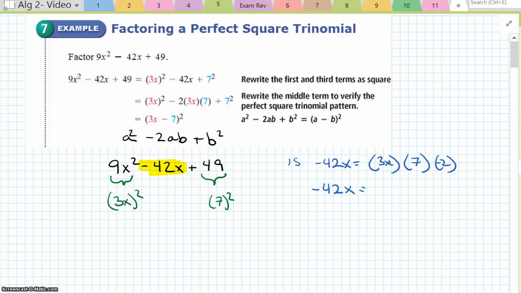So 3 times 7 is 21. 21 times negative 2 is negative 42. Negative 42x. So it is a perfect square trinomial. So we could rewrite this as 3x minus 7 squared, because that's our a and b value.